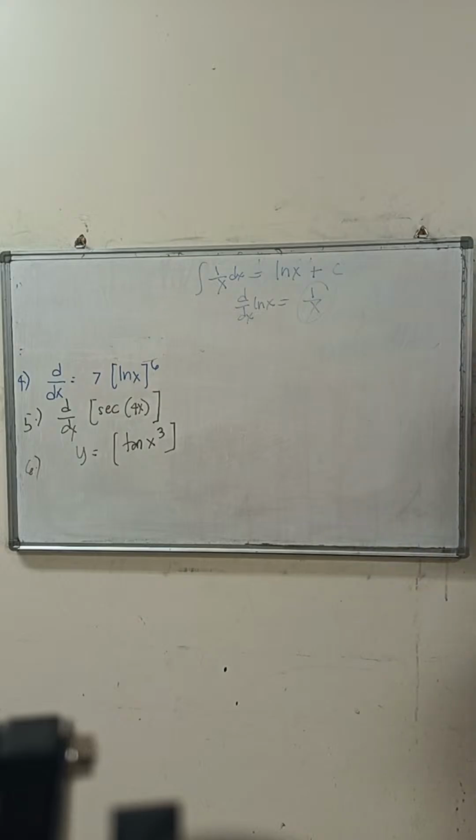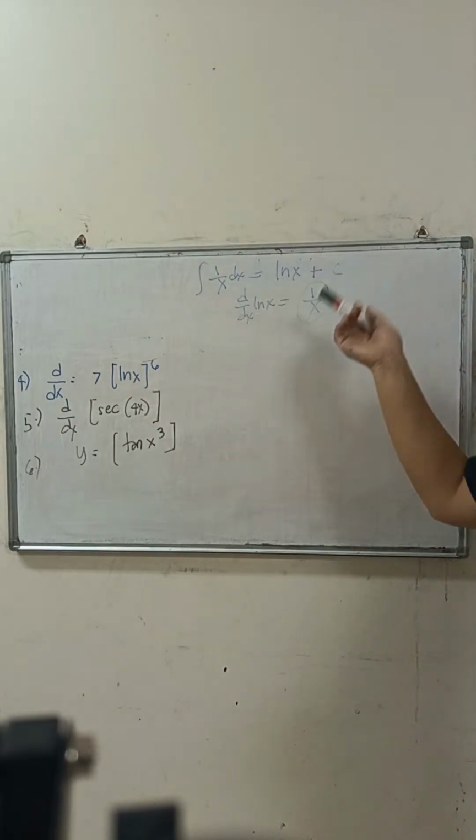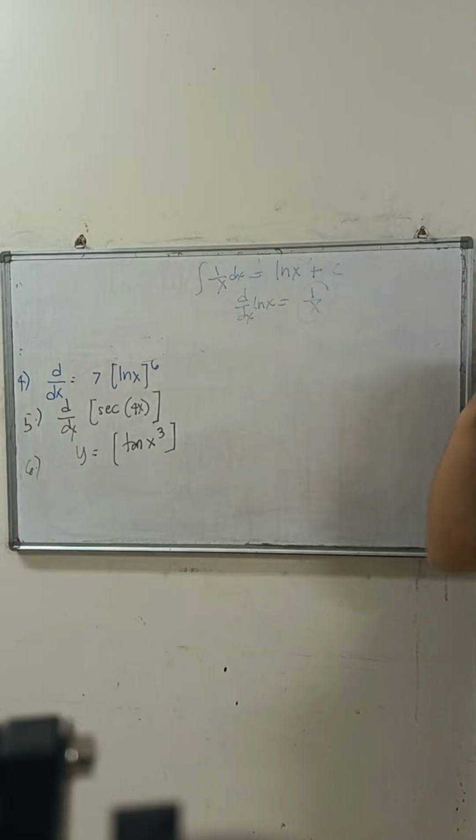But for me, to be honest, you should memorize both the differential and the integral, so that you don't have to reverse every time, which takes time. So it's embedded in your brain, and it's very easy to differentiate and integrate.